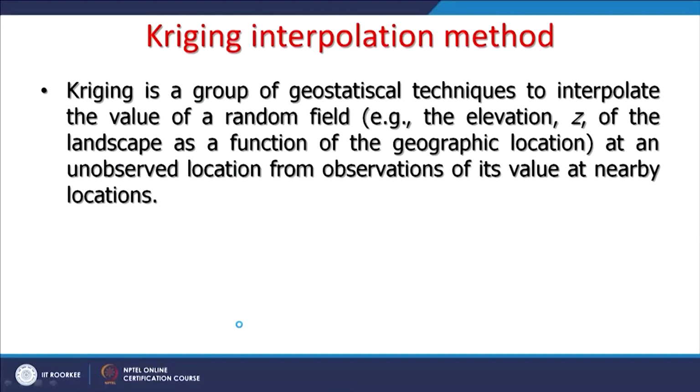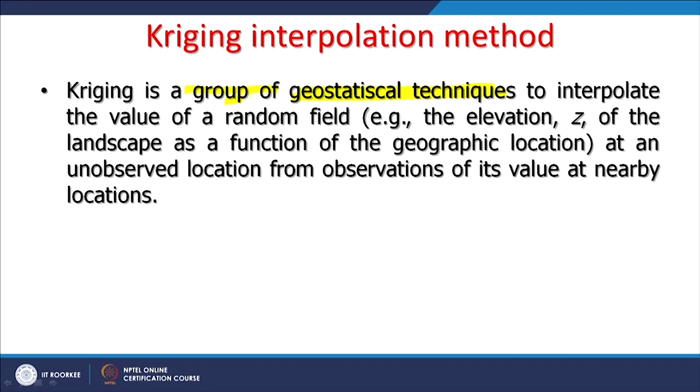But now GIS software is also capable of producing raster surfaces using kriging, and variant versions of kriging are also available. So, basically kriging is a group of geostatistical techniques.